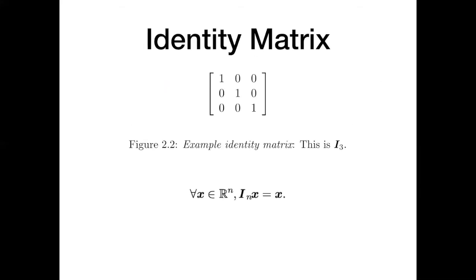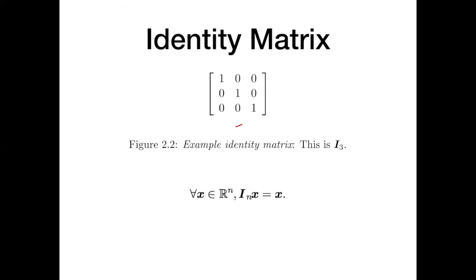But before we get to matrix inverse, we first need to define the concept of an identity matrix. The structure of the identity matrix is very simple: all of the entries along the main diagonal are 1, and all of the other entries are 0. This figure shows the 3 times 3 identity matrix.